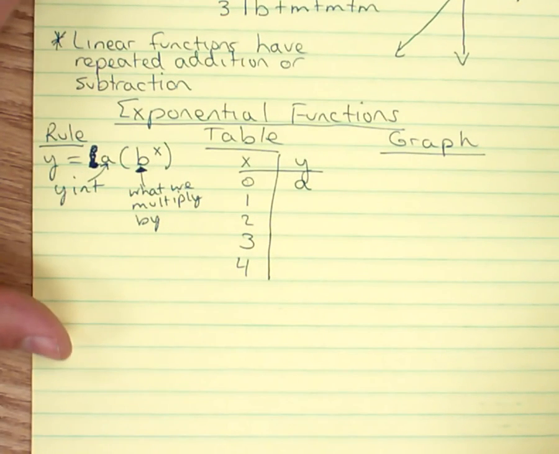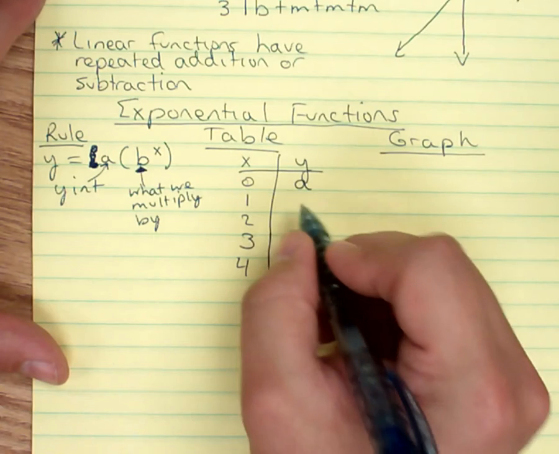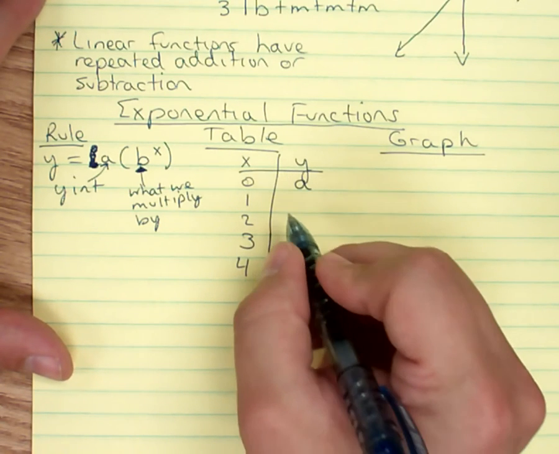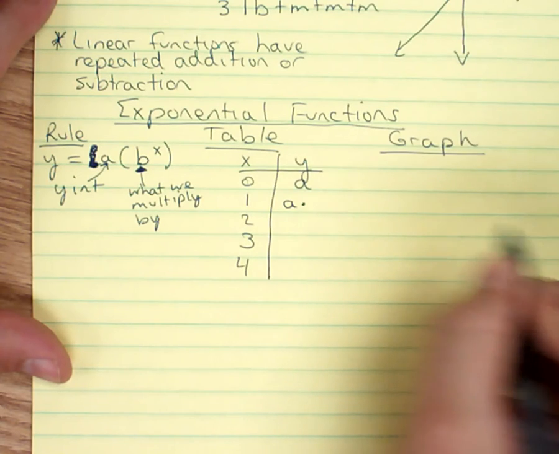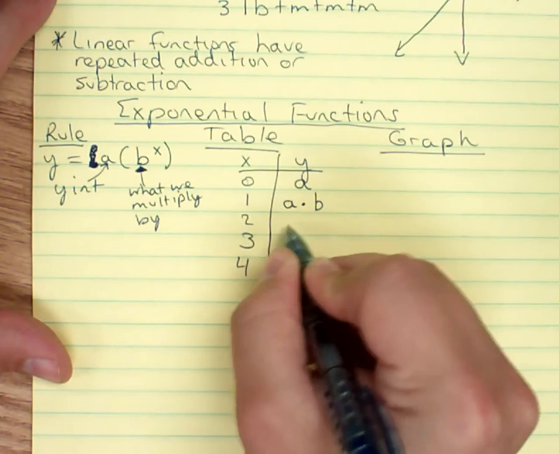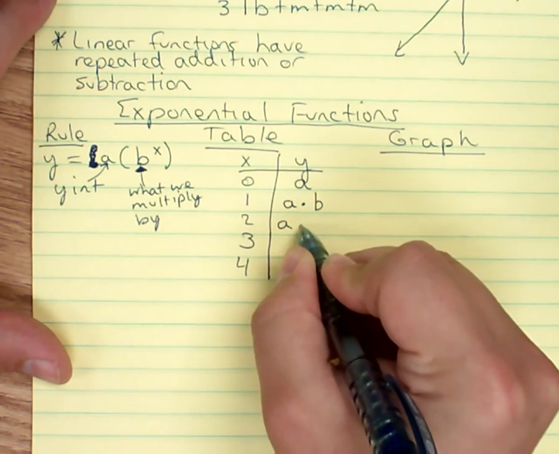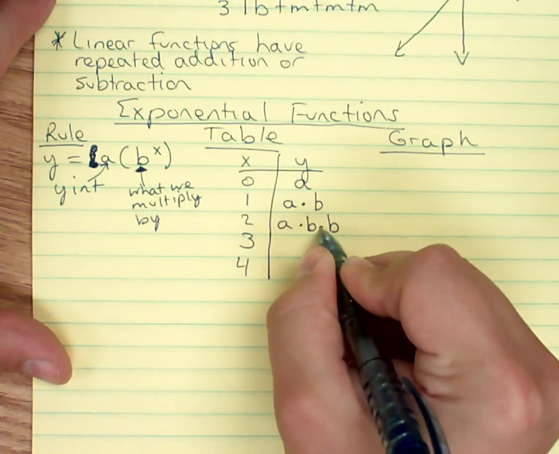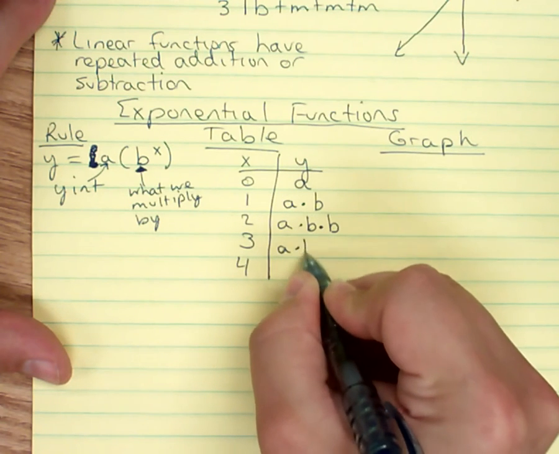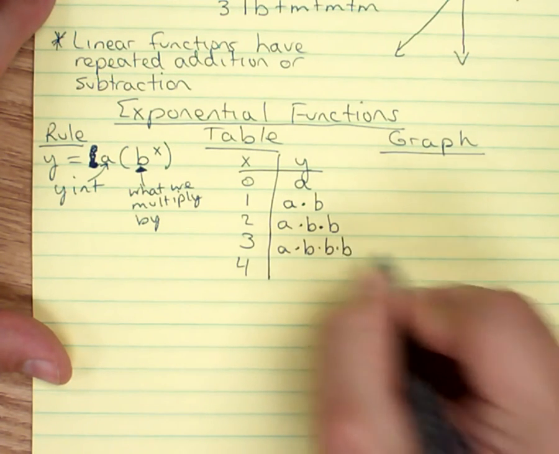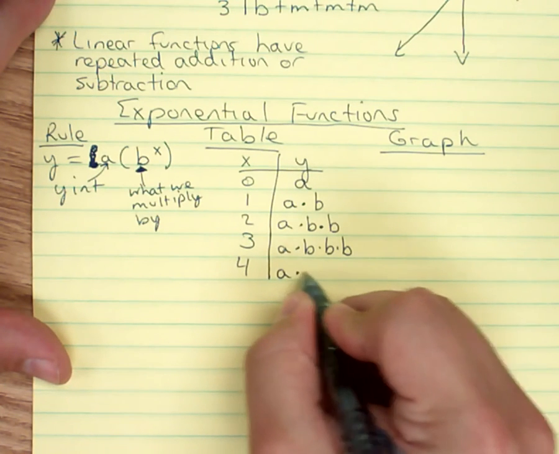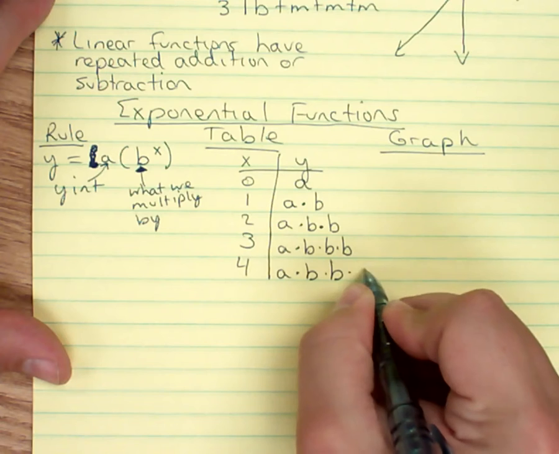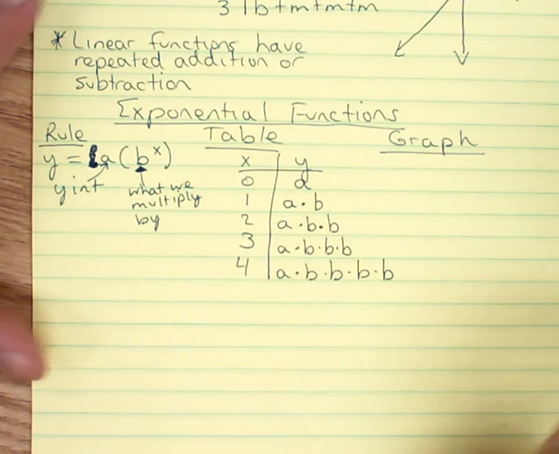Now the next value would be computed by doing what? a times b. So 2 would be a times b times b. And 3 would be a times b times b times b. And 4, once again, the same thing but with 4 b's.